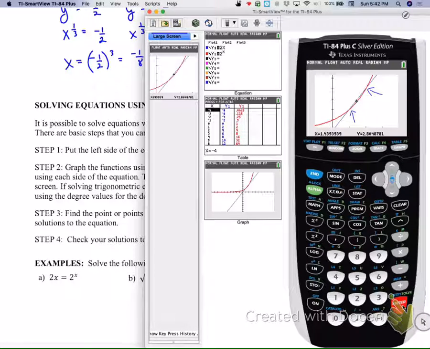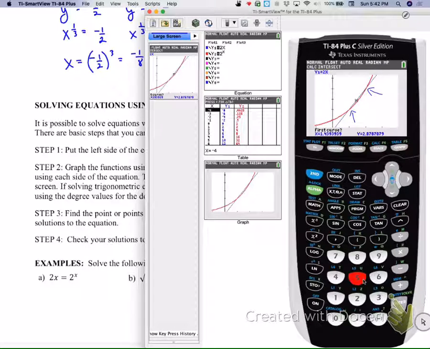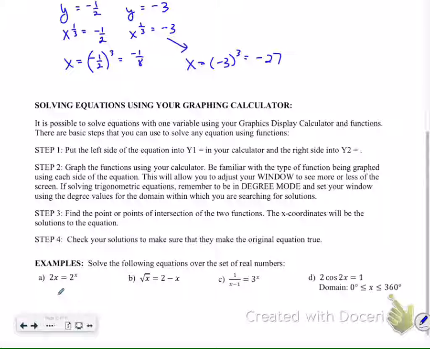Okay, so to get those numbers, remember you're going to go to calculate, intersect. Okay, so move to where you think one of those intersection points are. Hit enter 3 times. Okay, and then one of my answers is 1, 2. So remember the answer is actually the x value. So x equals 1.